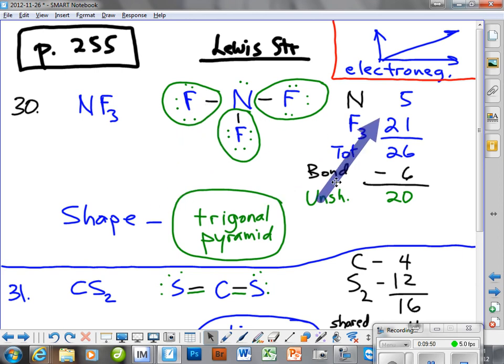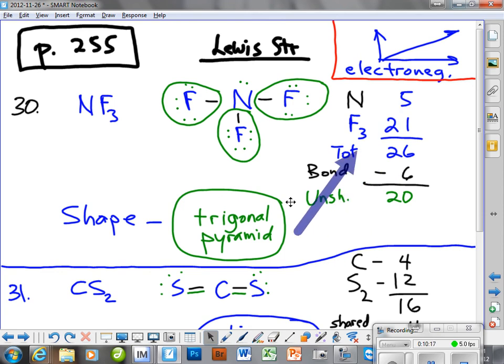And after adding up the total valence electrons that each of the atoms brings in, 3 fluorines, each bringing in 7, because fluorine is in column 7 on the periodic chart, and therefore has 7 valence electrons. And 3 of those times 7 makes 21. And the nitrogen is in column 5. There's only 1 of those. So our total comes up to 26.